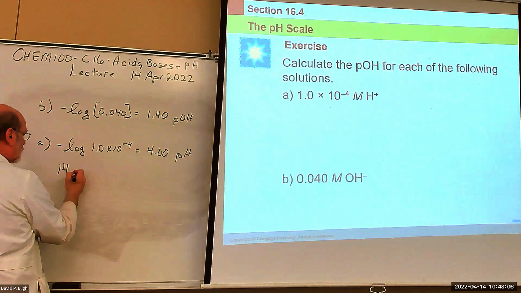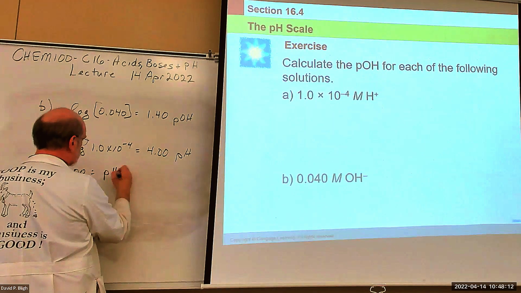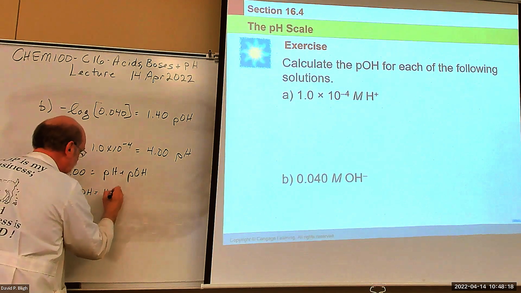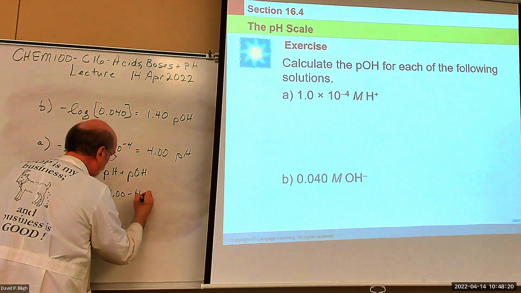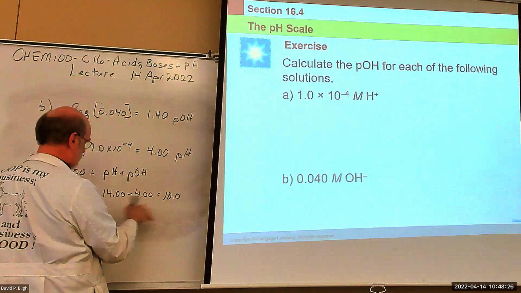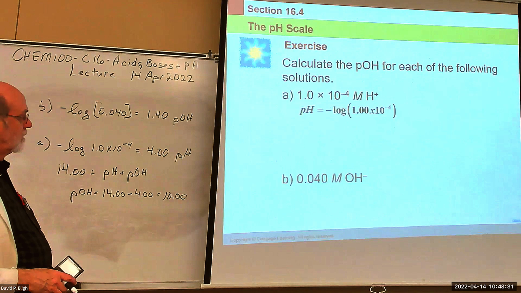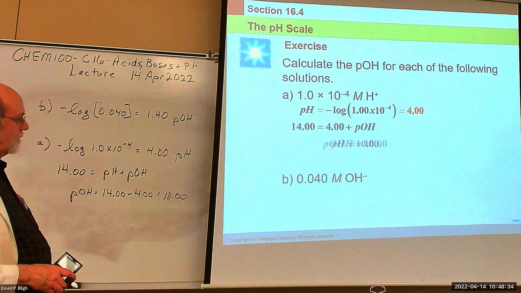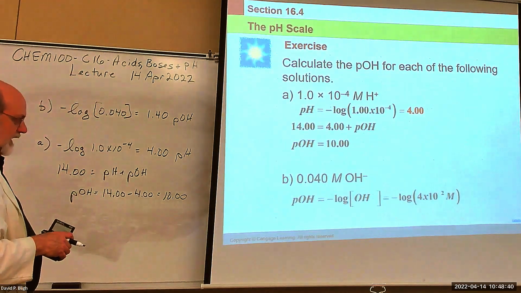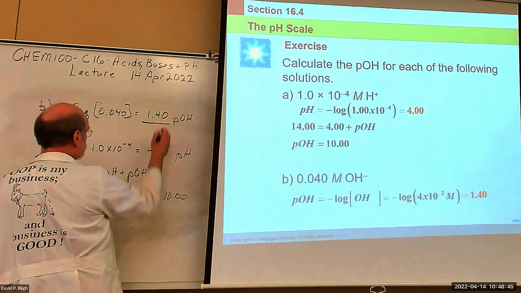Well, we know that 14 is equal to pH plus pOH. That means pOH is equal to 14 minus 4. That's 10. Okay? That makes it a little easier, doesn't it? And this one's just a straight calculation, 1.40. So there's the answer to B, and there's the answer to A.